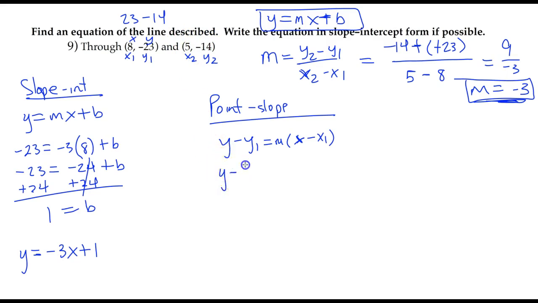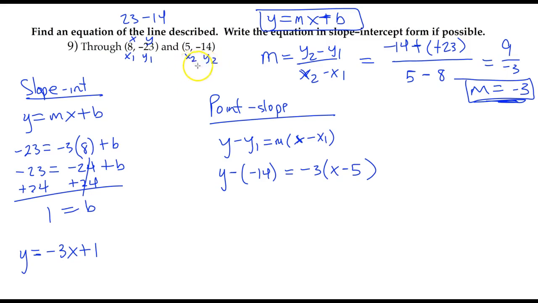So y minus negative 14 equals m, which is negative 3, times x minus x1, which is going to be 5. And again, I don't want you to get confused here. I can use either one of these points I want, okay?